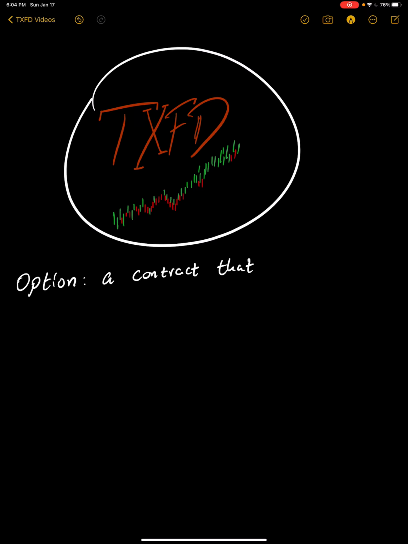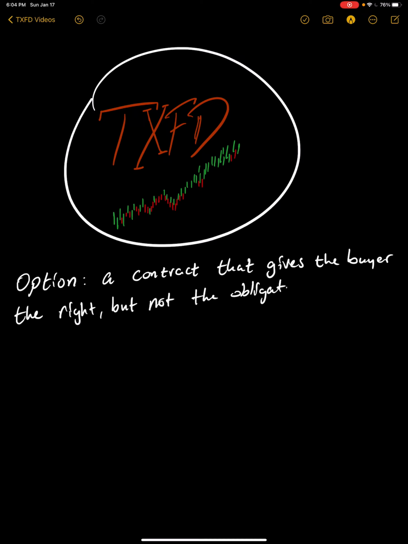that gives the buyer the right, but not the obligation, to exchange. So they can if they want to, but they don't have to. An asset P for an asset Q. And those assets can be two shares of stock.